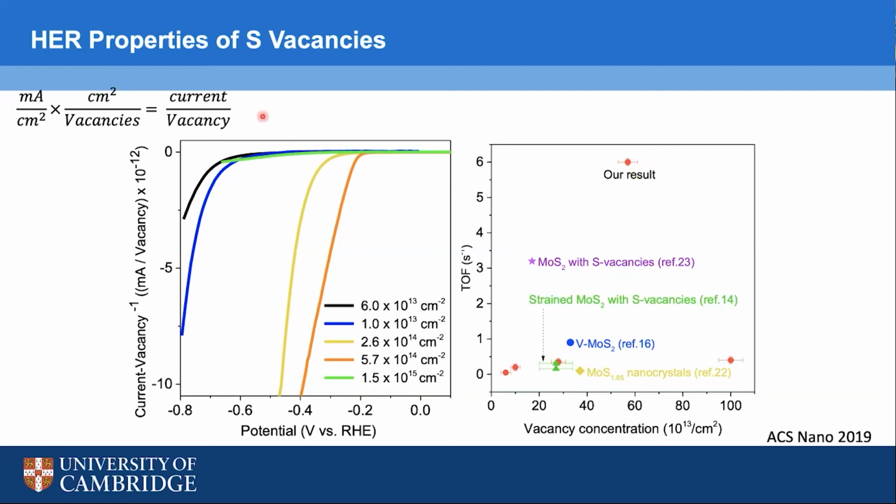One very back-of-the-envelope calculation that one can do is, because we are measuring the HER current density in milliamps per centimeter squared, and we know the vacancies per centimeter squared as well, one can in principle calculate the activity of a single atomic vacancy, or the current due to the atomic vacancy. Of course, there are a lot of assumptions there, but it's a nice way to get an idea of what the activity of a single vacancy is.